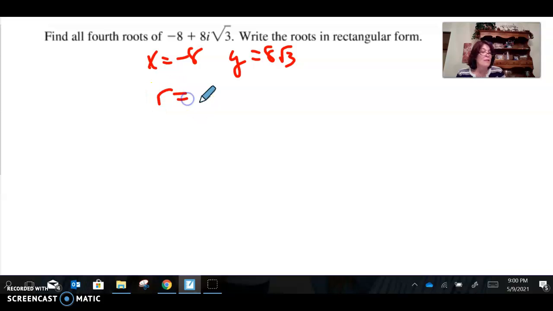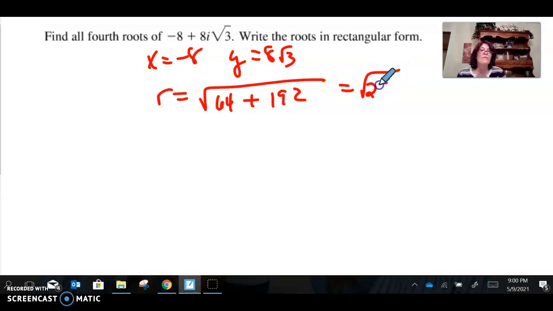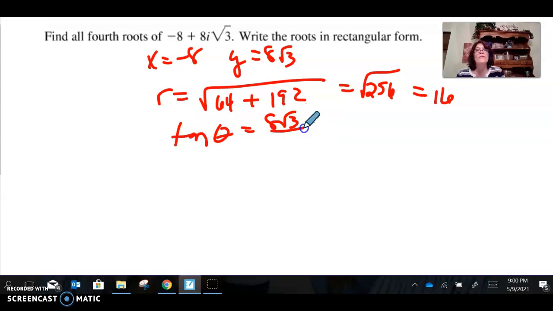So r is the square root of x squared, which is 64, plus y squared, which is 64 times 3, which is 192. So I have the square root of 256, which is 16. So r is 16. The tangent of theta is y over x, so that's negative square root of 3.